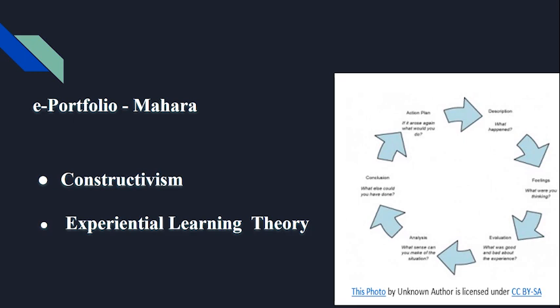Experiential learning theory. In this theory, the learner experiences something and learns from it through reflection. Kolb's experiential learning cycle identifies 4 stages as concrete experience, observation and reflection, abstract conceptualization, and active experimentation.